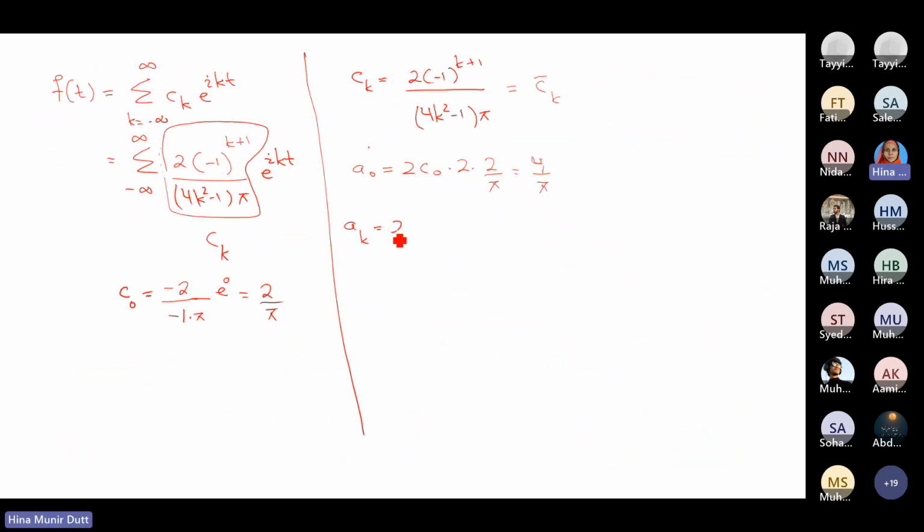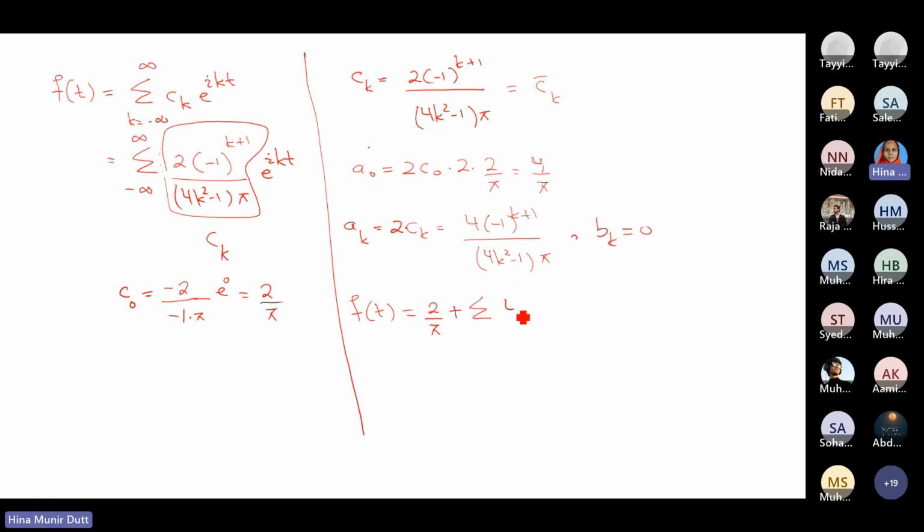So a_k is 2 times c_k. So this is 4(-1)^(k+1) over (4k² - 1)π. That is one part done. And then you can write the trigonometric Fourier series expansion of this function, which is, this is 4 over 5, so a_0 over 2, so again 2 over 5, plus summation, and b_k is equal to 0 in this case.